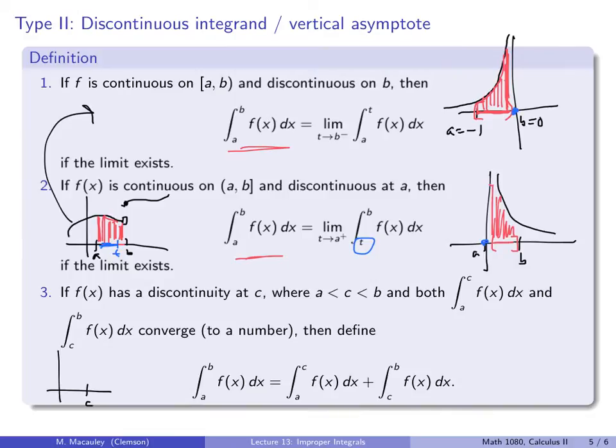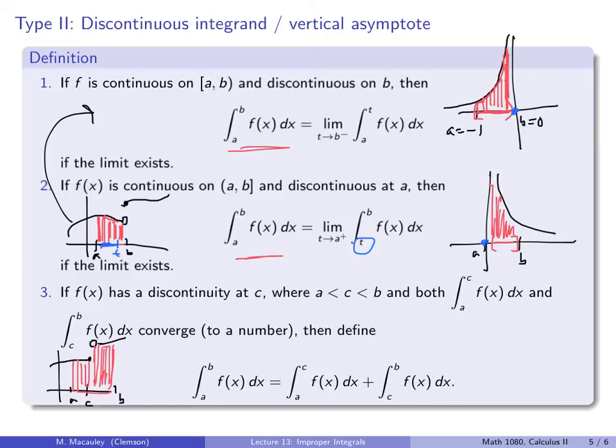Let's try that again. So suppose we have a function that has a true discontinuity at C, and we want to find the area under the curve from A to B. Well, that's just this area right here.